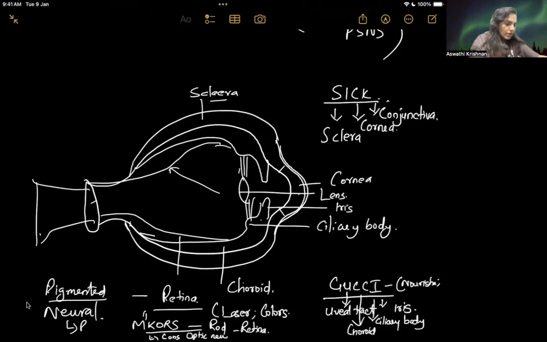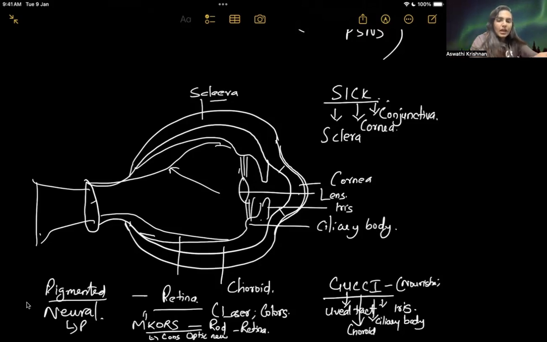So then one of the important factors is the ciliary body holding the lens with the help of suspensory ligaments. And the lens itself has a lot of features. It is made for refraction and accommodation for bending lights. And it is made up of a nucleus and cortex. It has epithelium.